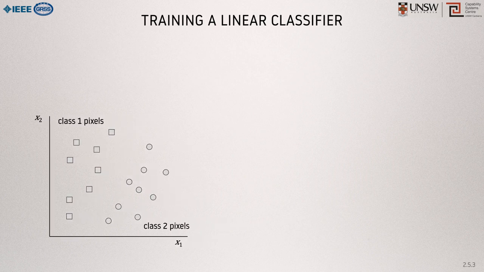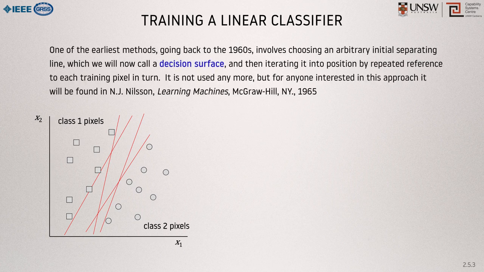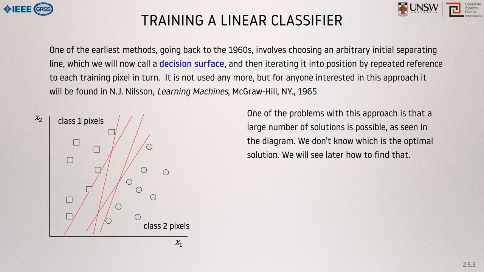There are many acceptable linear decision surfaces that can be placed between two linearly separable classes, as illustrated in this slide. One of the earliest methods for training, which goes back to the 1960s, involves choosing an arbitrary linear surface. That choice will almost certainly not be in the right position, in that it will not have the classes on the right sides of the hyperplane.